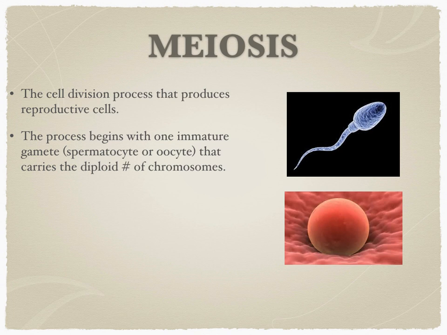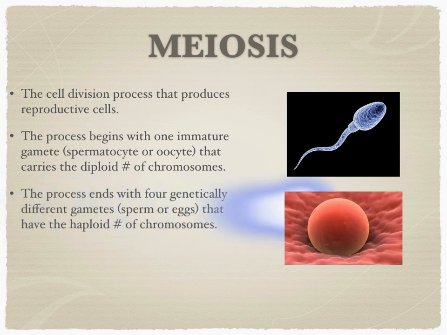And they start out carrying the diploid number of chromosomes, which would be different in different types of organisms. If we were talking about a human being, the spermatocyte or oocyte would start with 46 chromosomes. If we were talking about a fruit fly, they would start with 8 chromosomes. So depending on the organism, it's going to have a different diploid number. The process ends with 4 genetically different gametes.